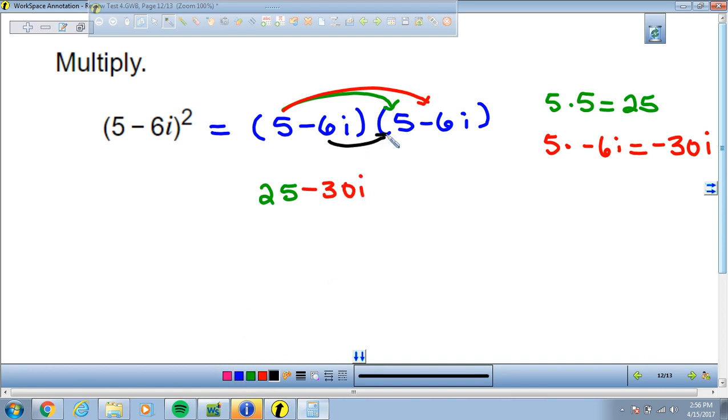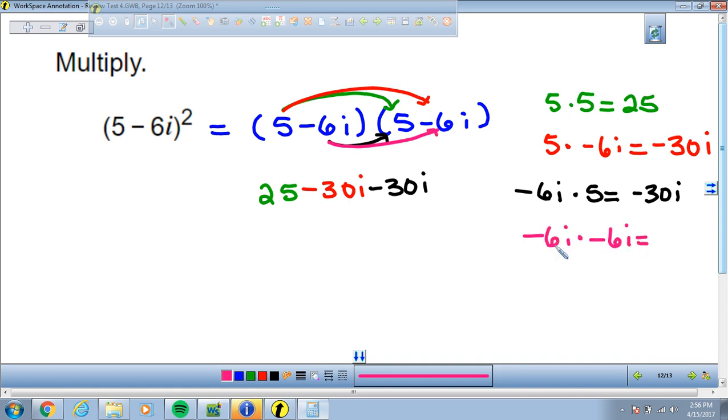Then negative 6i times 5, the same thing as the other one but flipped, still negative 30i. And negative 6i times negative 6i, negative times a negative, it's a positive, 6 times 6 is 36, and then i times i is going to be i squared. So plus 36 i squared.